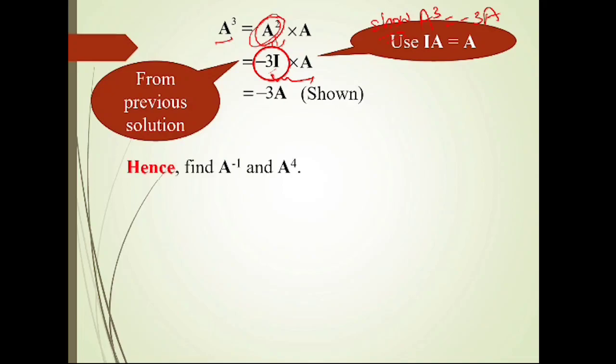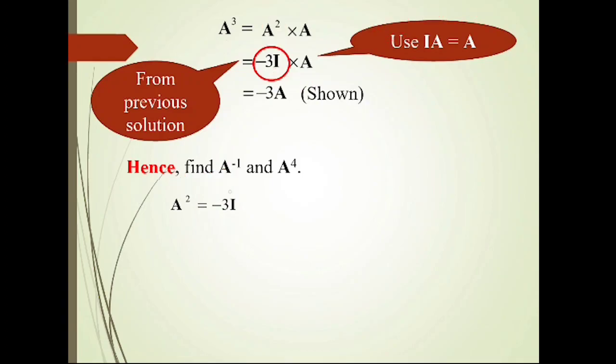Last question. Hence, find A inverse and A power 4. So to find A inverse, you have to use the information given from the previous question. So what we have obtained previously is A squared equal to negative 3I. We have to use this information because it has the form of AB equal to KI. What's important is this identity matrix is there.